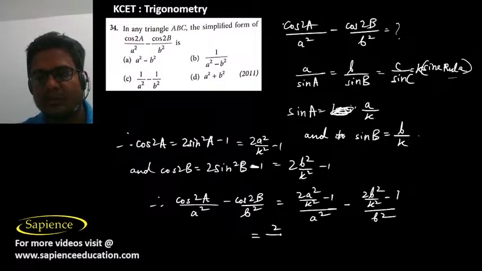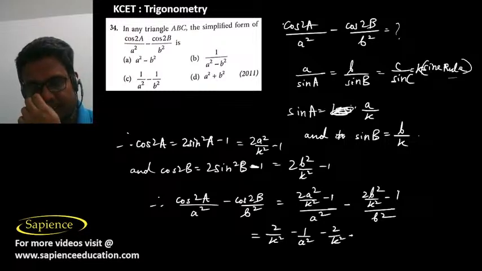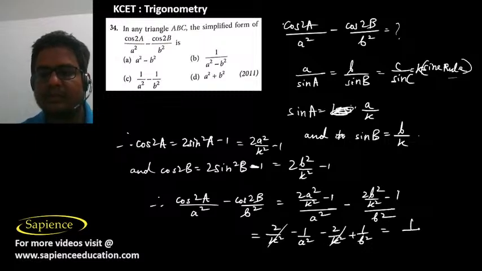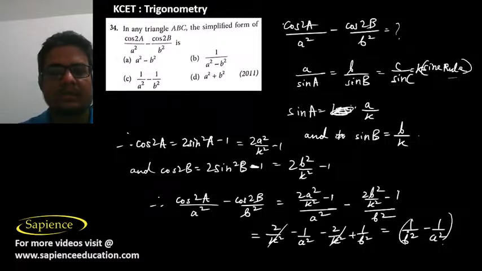So this will be 2 by k square minus 1 by a square, minus 2 by k square plus 1 by b square. So 2 by k square, 2 by k square will cancel. This will be 1 by b square minus 1 by a square.